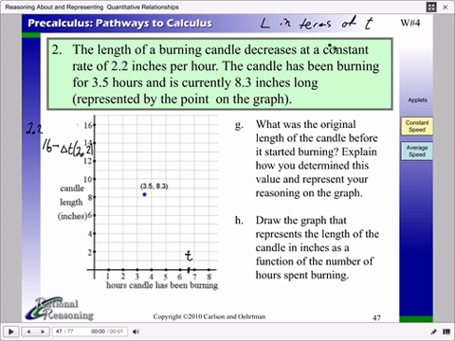Okay, except that we want L in terms of t, not in terms of delta t.